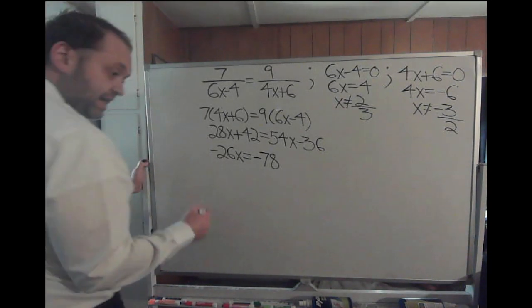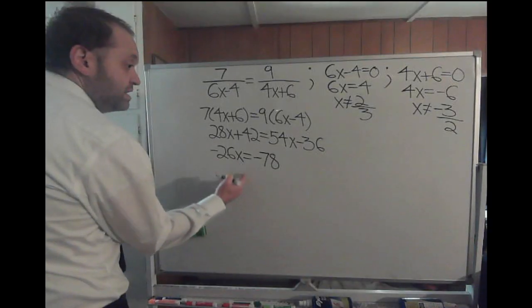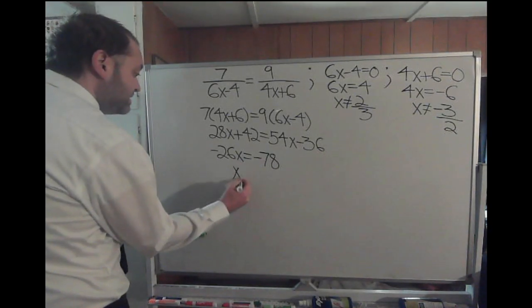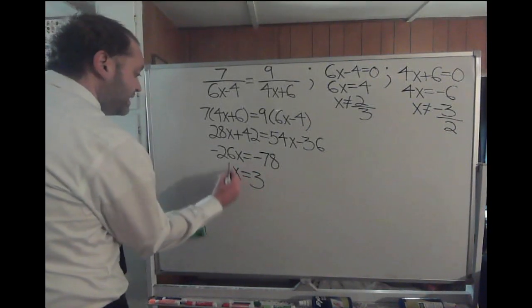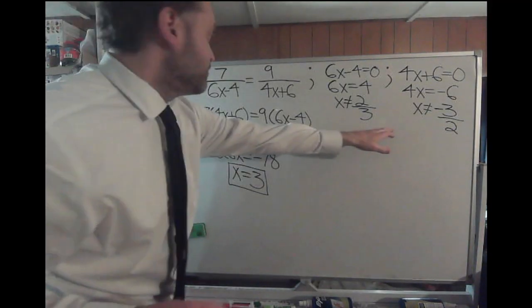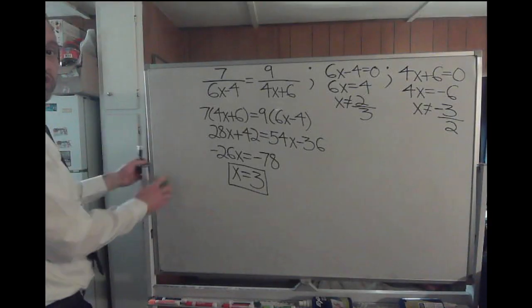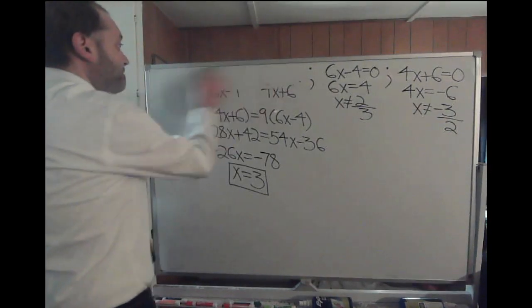Which, when you divide these, you'll actually end up getting that x is equal to positive 3. And positive 3 does fit because it's not a restricted solution. So x equals 3 is the solution to this proportion.